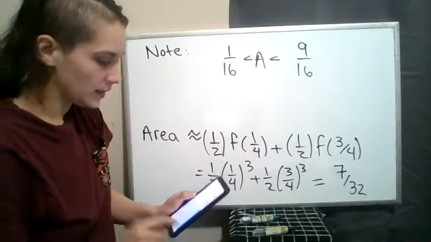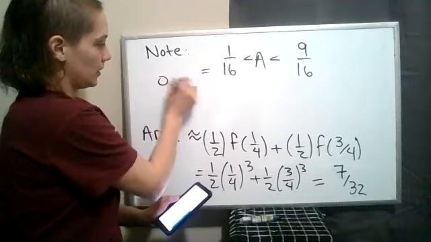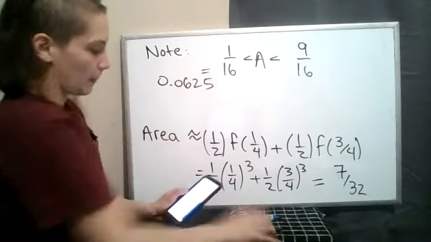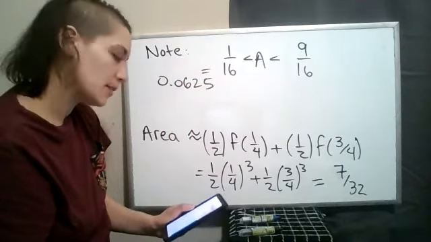1/16 is 0.0625. 9 divided by 16 is 0.5625.